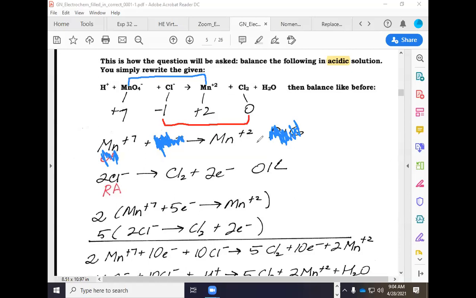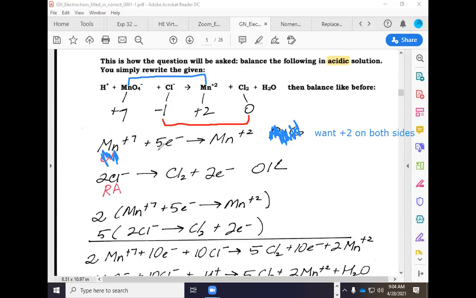We want to aim for a +2 on both sides. So we've got +7, -5. That would give us a +2 on this side and a +2 on this side. So we're good.